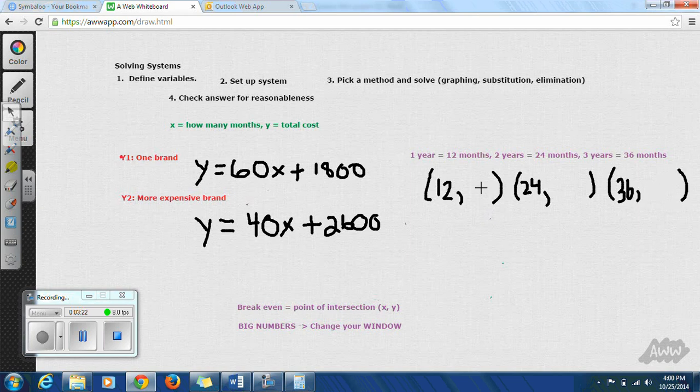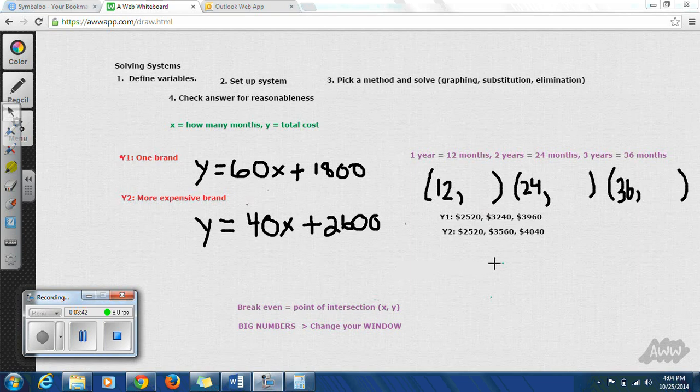That other value will tell you your answer for this question. Same thing with this equation. Again, you want to know what it is when x is 12, 24, and 36, and the values that go with it.